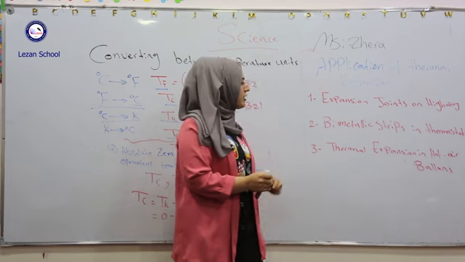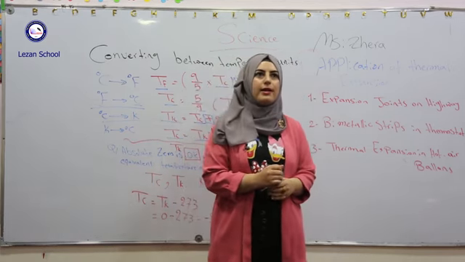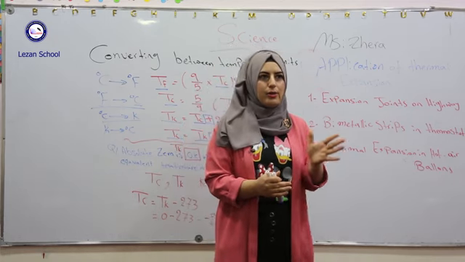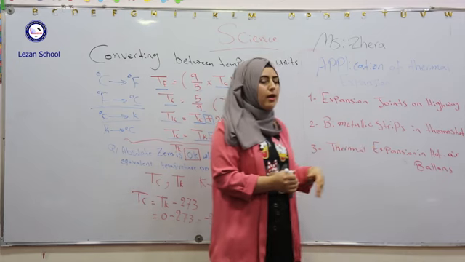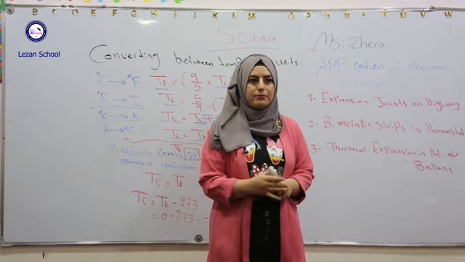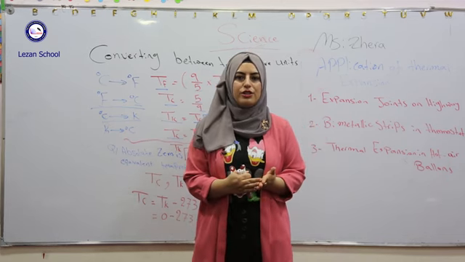The third application of thermal expansion is hot air balloons. As you know, in the sky, sometimes we see balloons moving. What does a balloon use? Hot air. But we have the question, why does hot air rise? When the gas is heated, the average kinetic energy increases.